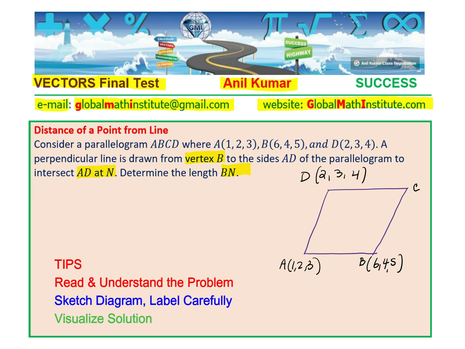So let's say the perpendicular is like this. Is that clear to you? Now this point here is defined as N, and what we need to find is the length of BN. Perfect. So I think now the question is absolutely clear.